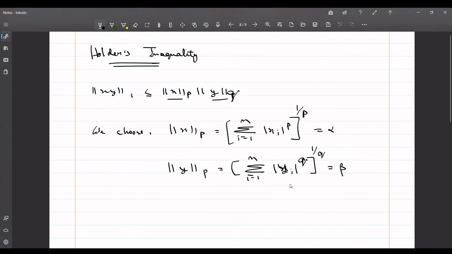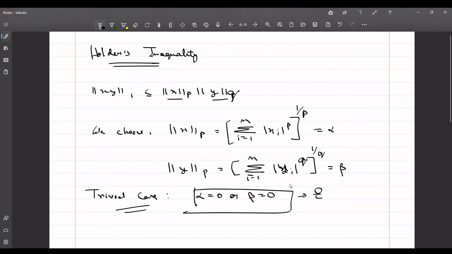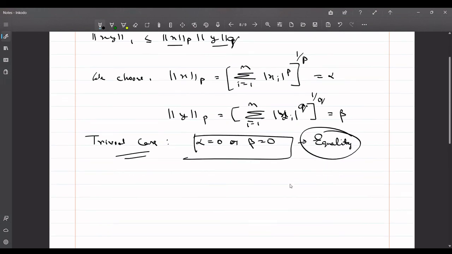Now, a very trivial case of this inequality is when equality appears. That is, say, when alpha equals 0, or when beta equals 0. In these two cases we have the equality. But what if they both are positive?